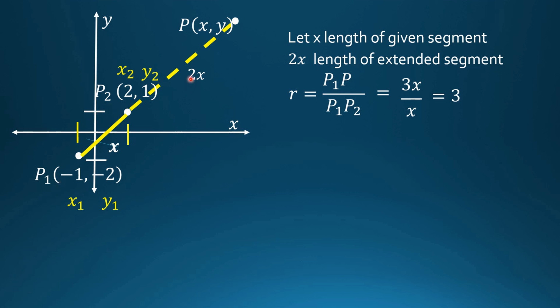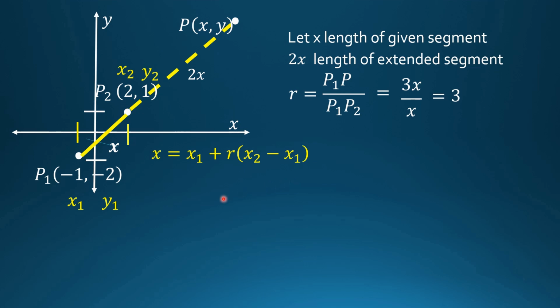To find the value of X, that is the X coordinate of point P, we use this formula. X is equal to X sub 1 plus R times the quantity X sub 2 minus X sub 1.